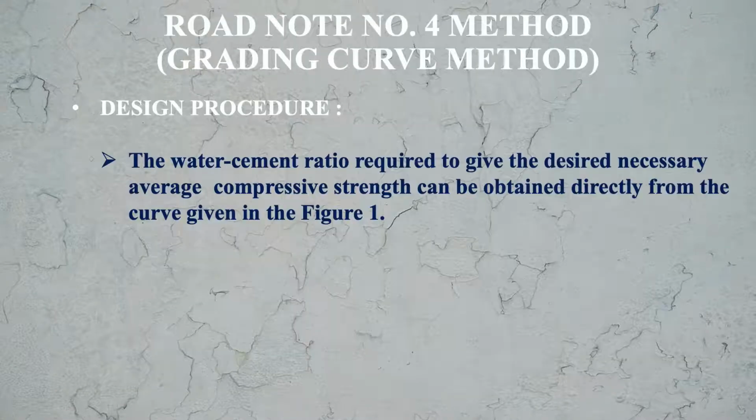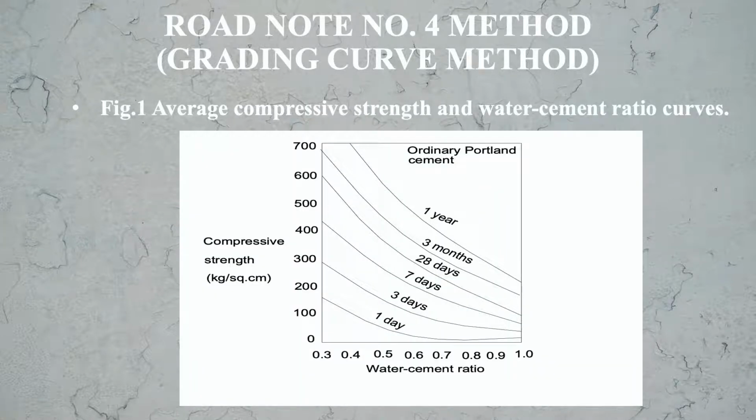The water cement ratio required to give the desired necessary average compressive strength can be obtained directly from the curves given here in the figure. This figure gives you the average compressive strength and water cement ratio at different ages of the concrete.